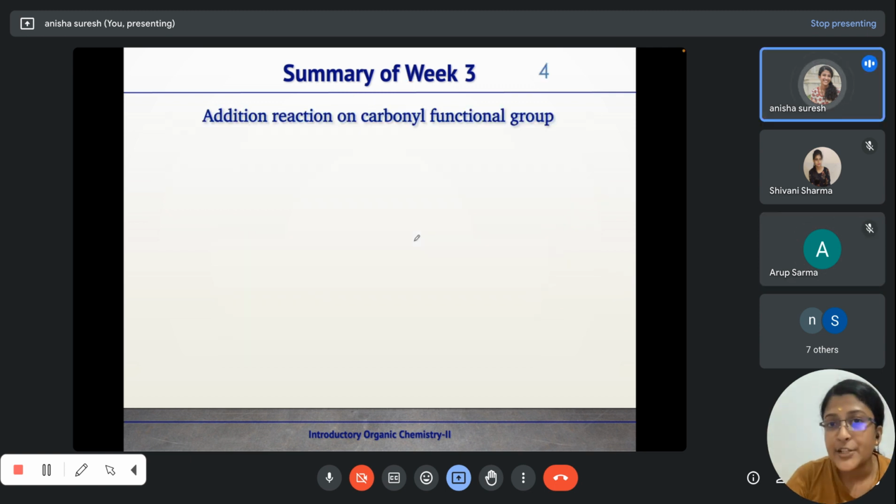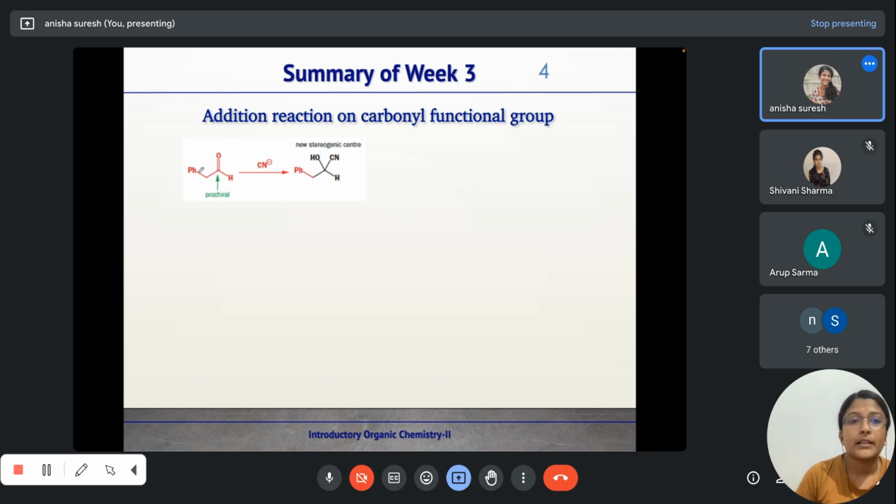Now we will see addition reaction on carbonyl functional group. So this compound, benzaldehyde, is referred to as prochiral, as the addition of CN minus to it will result in the generation of a new stereogenic center here.